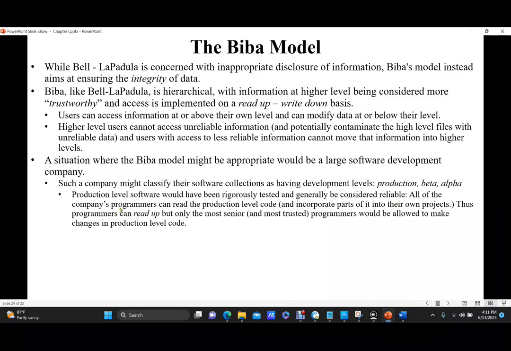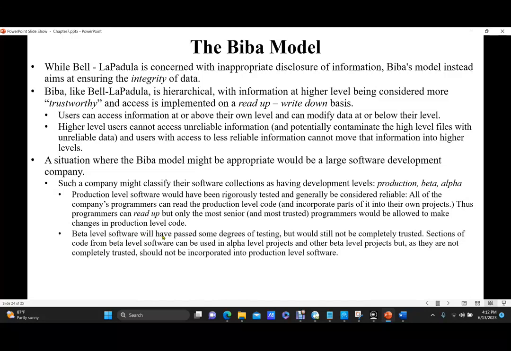All of the company's programmers can read the production level code and incorporate parts of it into their own projects, since it's quite reliable. Only the most senior and most trusted programmers would be allowed to make changes in the production level code.